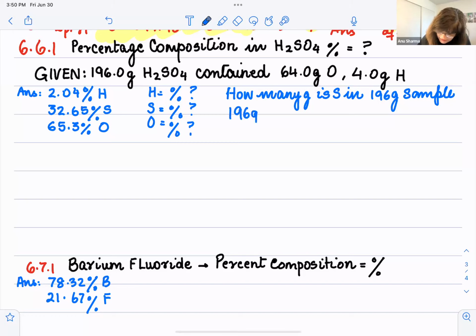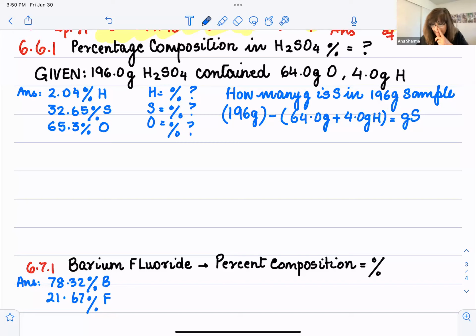196 grams, that's the total, minus the weight of oxygen, 64.0 grams, plus 4.0 grams for hydrogen, is equal to the weight in grams of sulfur.